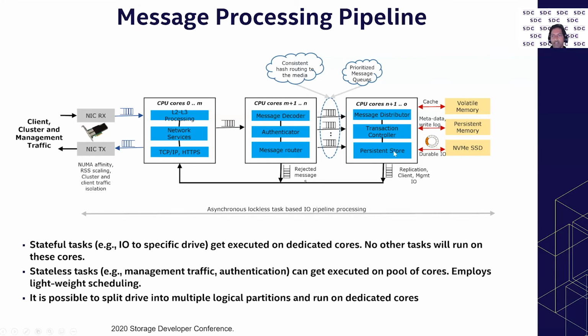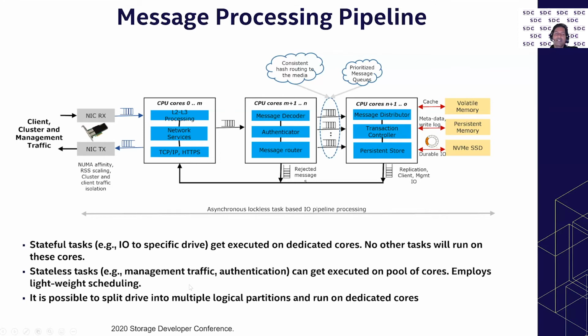You want to be able to run them on a specific set of cores. You want to be able to do poll mode on those cores, and not get into pervasive locking implementation. So those are the stateful tasks that run on a specific set of cores for their lifetime.